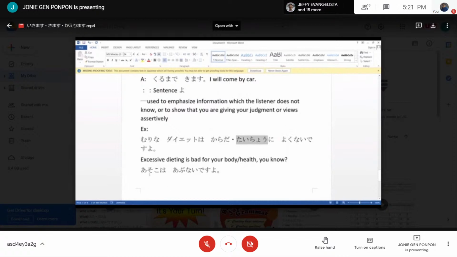And then asoko wa, let's go to another example. Asoko wa abunai desu yo. Abunai is dangerous, and then asoko is there. So I am telling the listener that it is dangerous there, you know, so don't go, parang ganon. Asoko wa abunai desu yo. Ikanai de kudasai.